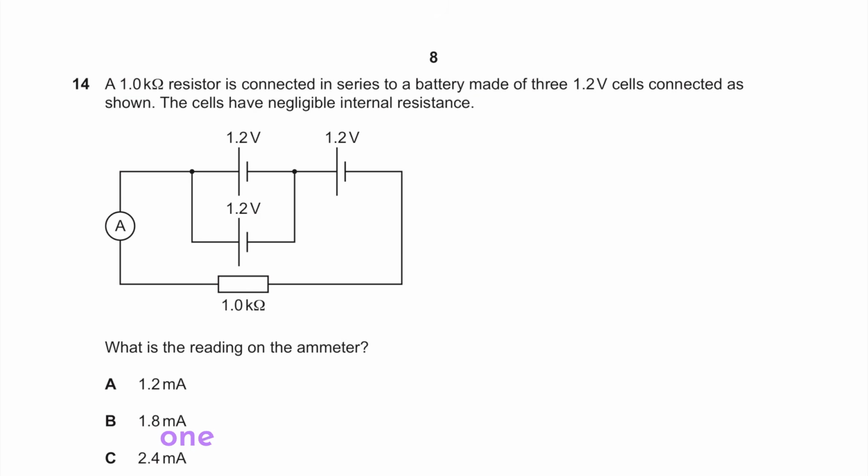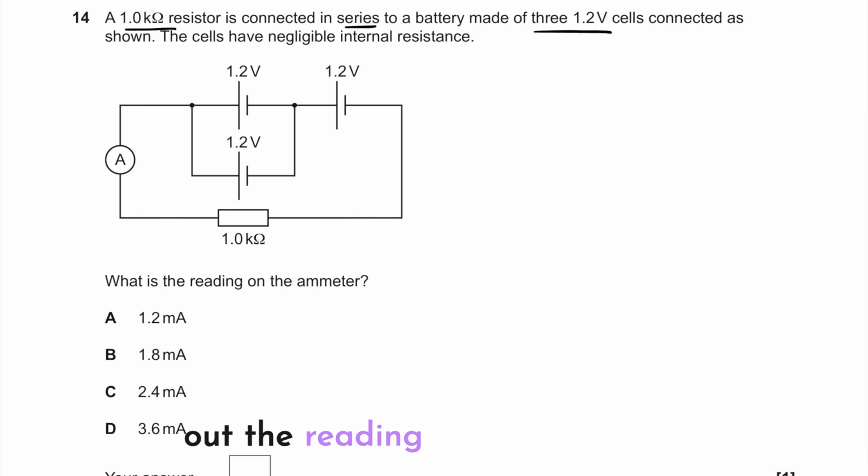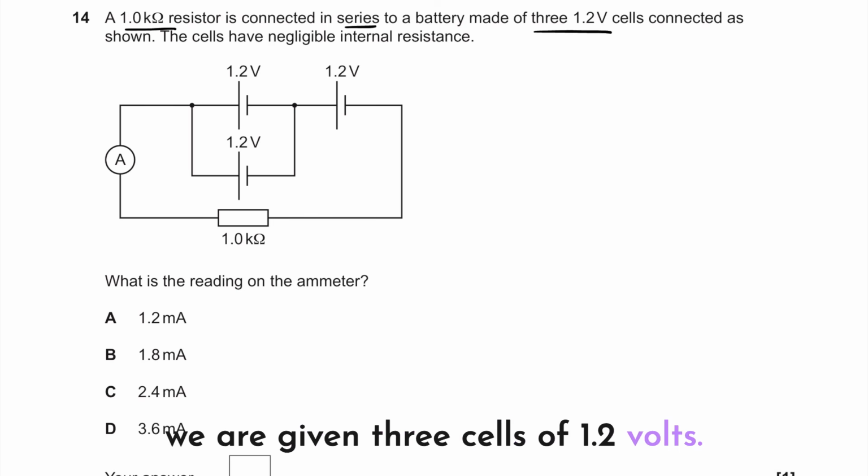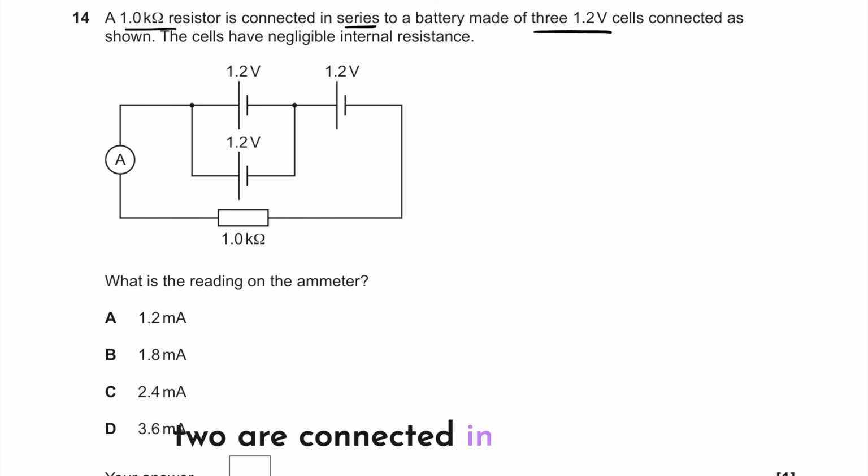Question number 14. We've been given 1 kilo ohm resistor connected in series to a battery made of 3 1.2 volt cells. We have to work out the reading on the ammeter. We are given 3 cells of 1.2 volts. 2 are connected in parallel. 1 is connected in series.